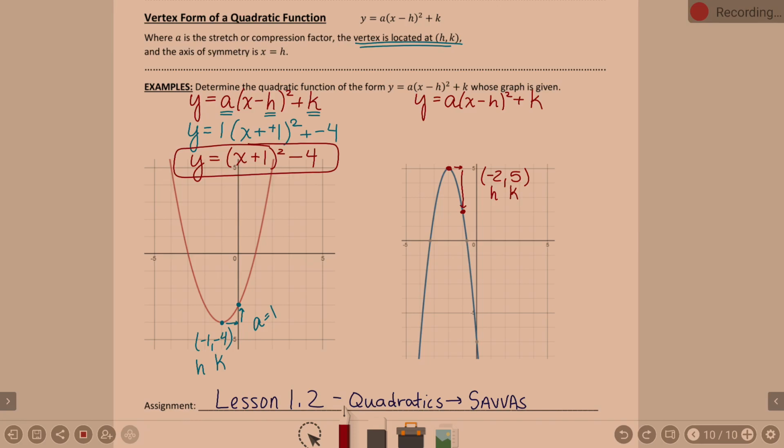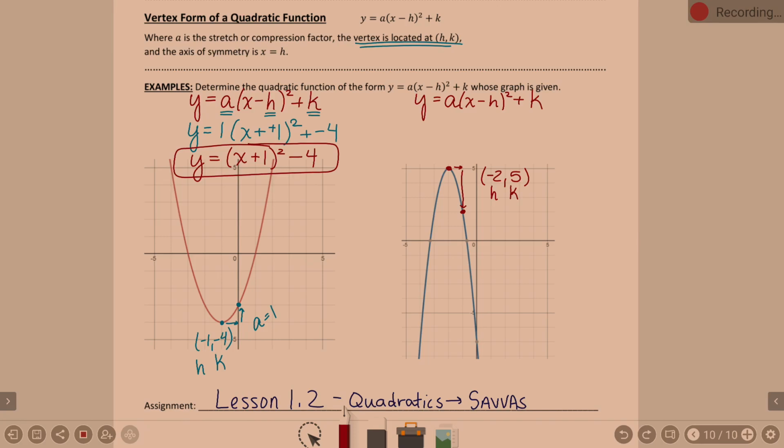I was going in order from the vertex. In relation to the vertex is what I'm saying here. Like this point was 1 over and 1 up from the vertex. Sorry. Here, from the vertex, this is over 1 and down 3.